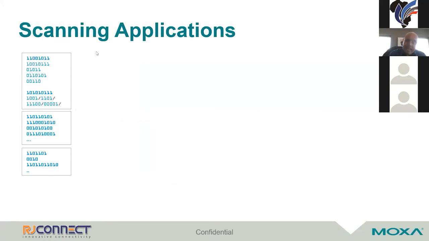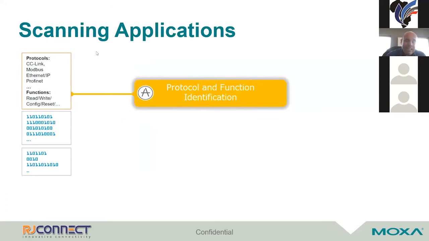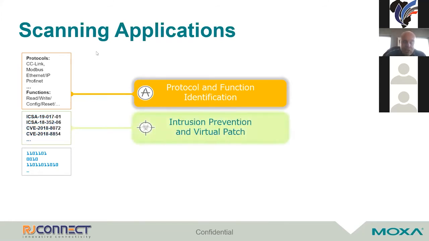Let's look at scanning applications. When we look at the next generation of firewalls, we have to not only look at the physical data, we have to actually look at the protocol and the function it's doing. The function: is it a read, is it a write, is it a reset value? What's actually happening and what is the protocol going through? The next are the actual intrusion prevention and virtual patching.